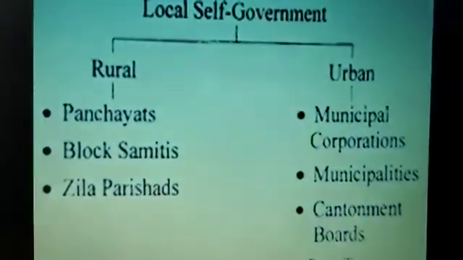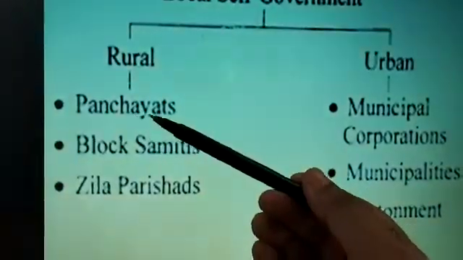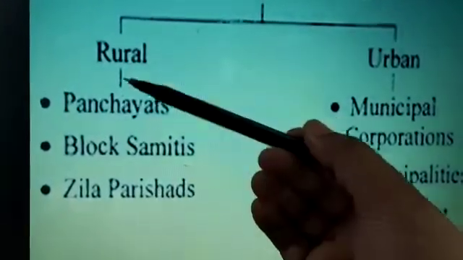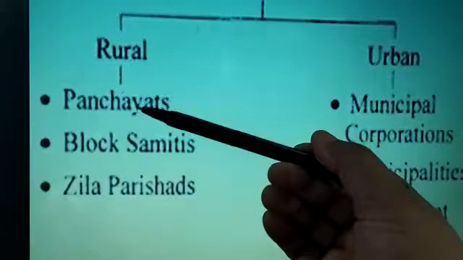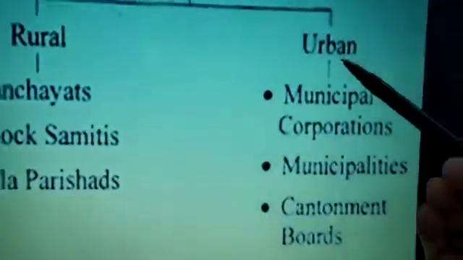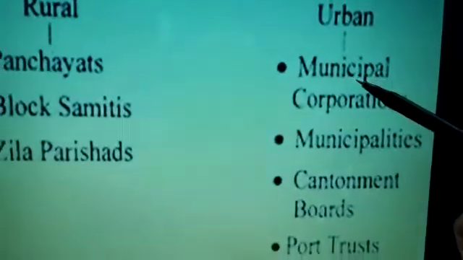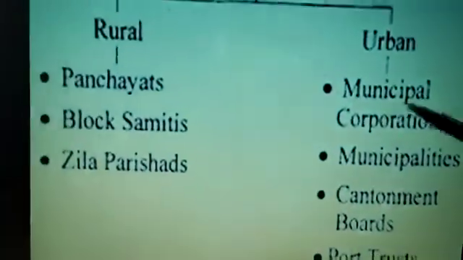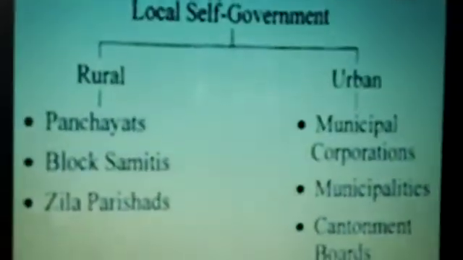Under rural self-government, you have panchayat, block samiti and the zilla parishad. Remember, under rural you have panchayat, block samiti and zilla parishad. Under urban you have municipal corporations, municipalities, cantonment boards and port trust.